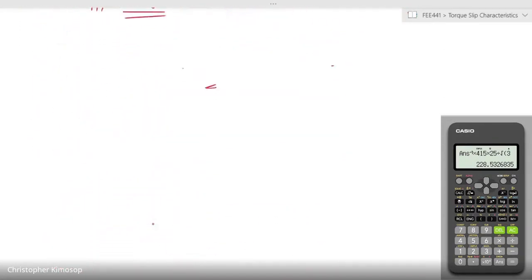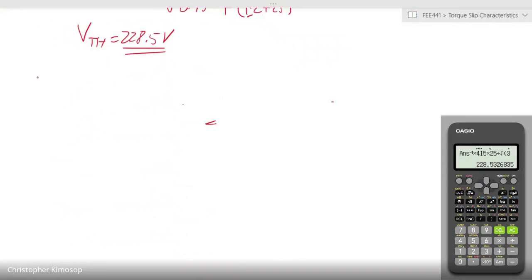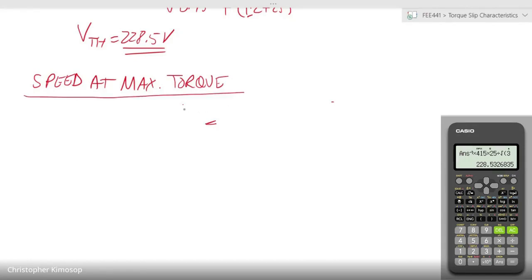So now we look for the speeds. What is the speed at maximum torque? Okay, so we start with getting the slip.